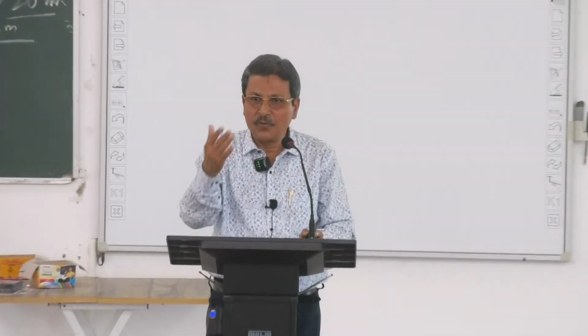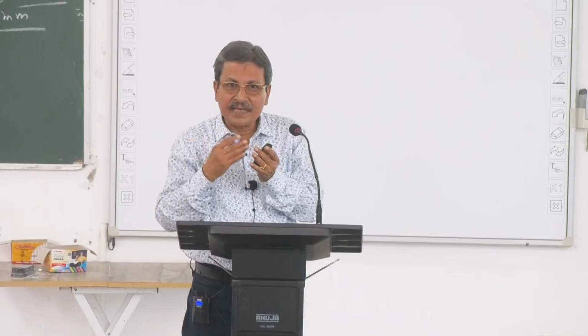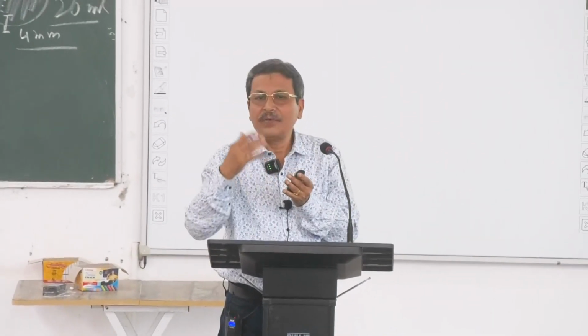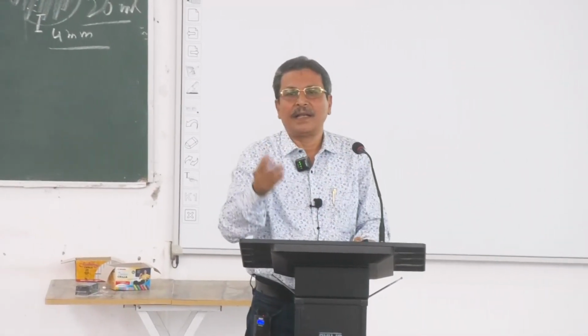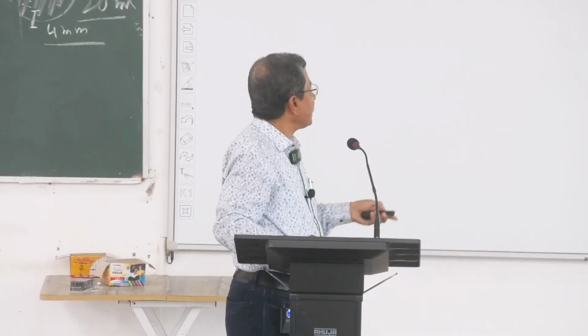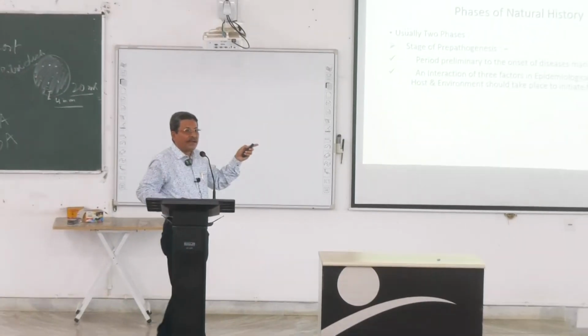You have heard the name of the incubation period. The disease agents may be there, but disease manifestations may not take place. So it is pre-pathogenesis; pathological changes have not yet started. If you understand the pre-pathogenesis of the disease, then we can easily control the diseases. So in the pathogenesis period, what happens?